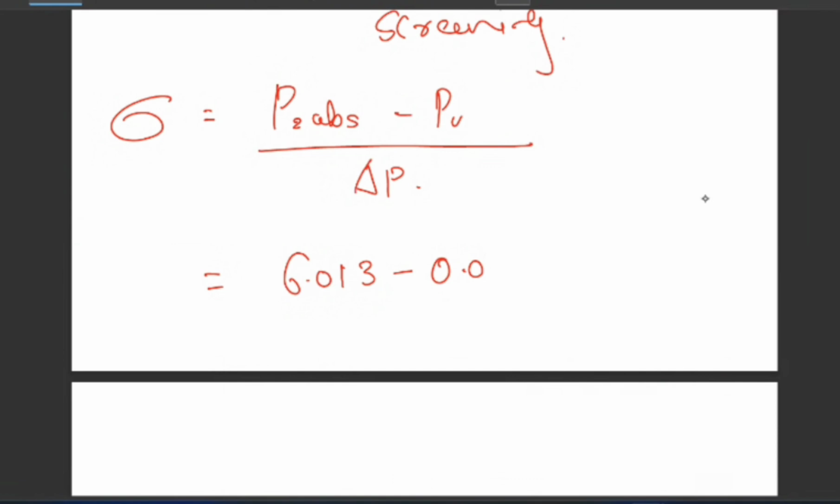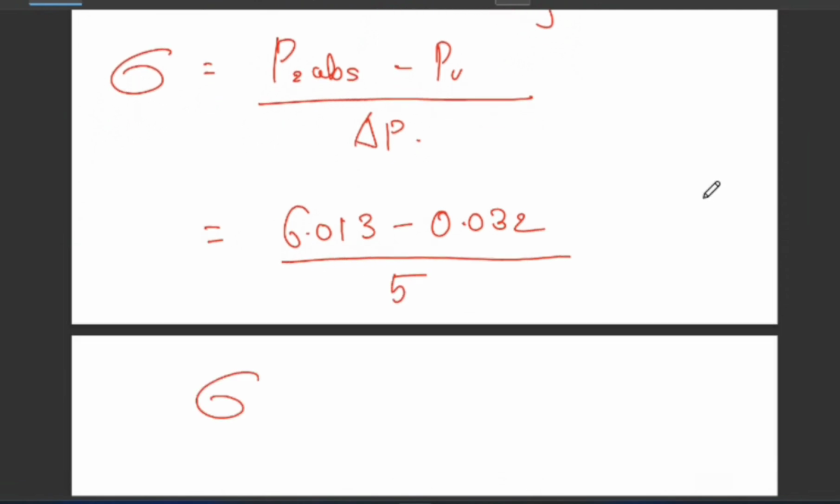So 6.013 minus 0.032, divided by 5. So sigma, I got this value as 1.196.